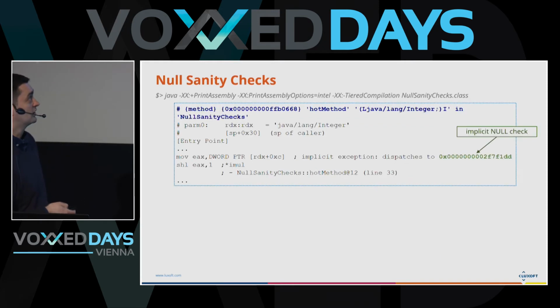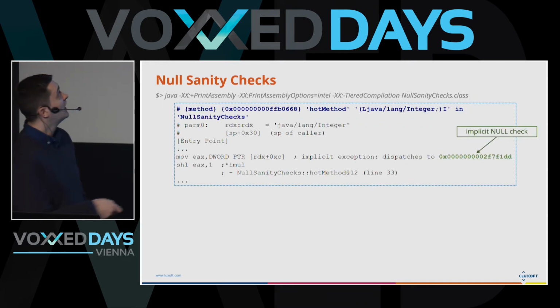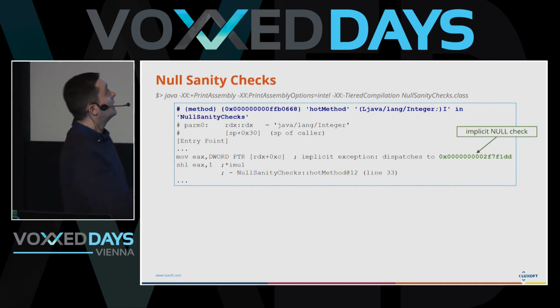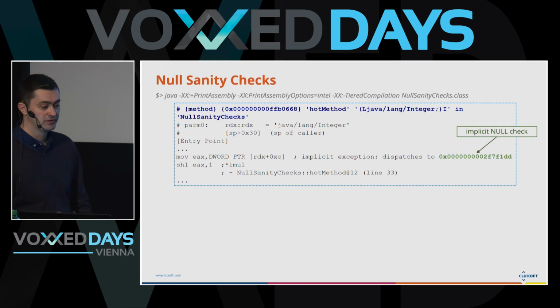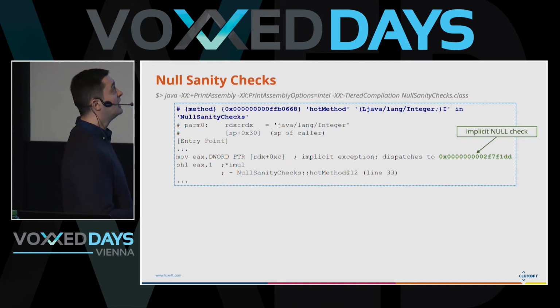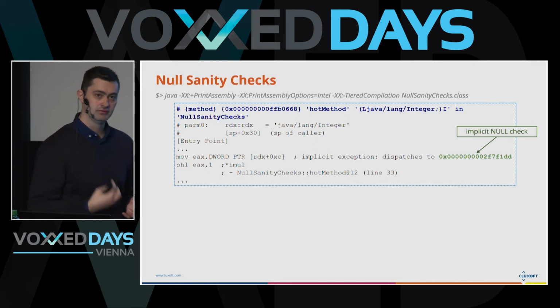What do we have during the runtime? During the runtime, again, I started my program. When the JVM was triggered, I set print assembly because I wanted to check how it behaves from the native code perspective. And as we can see here, the assembly code is very, very simple.